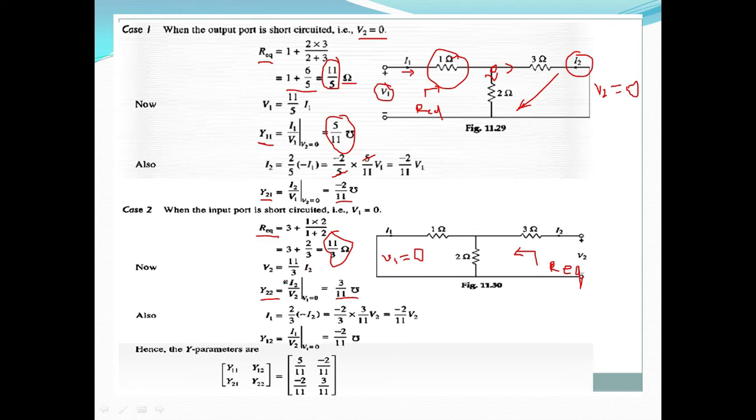Here I2 is equal to 3 upon 11 V2, and this will be substituted here.